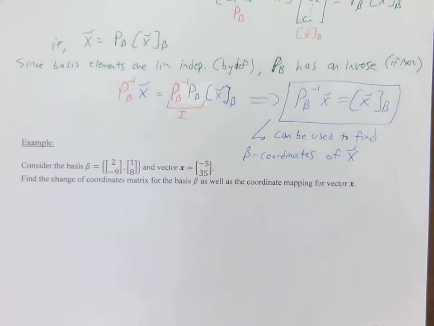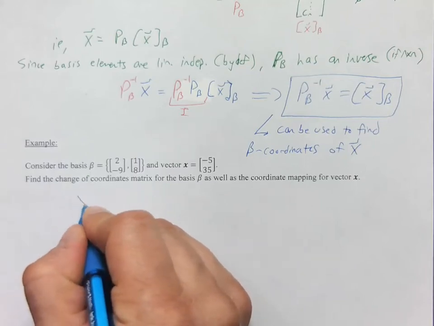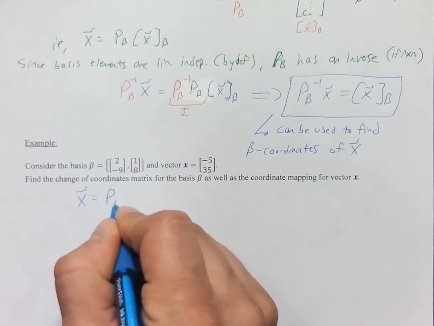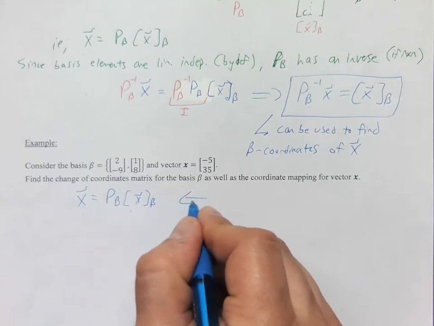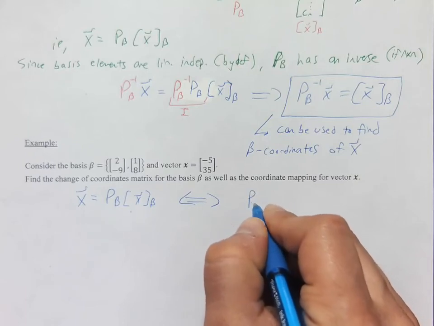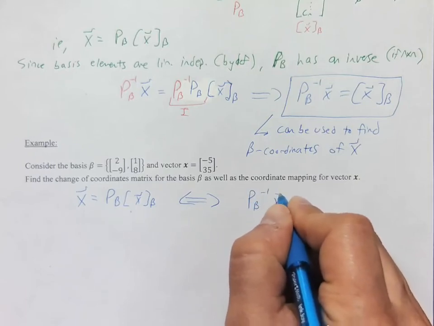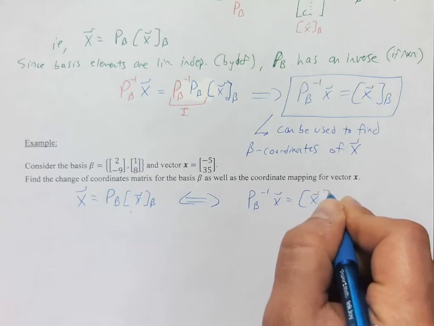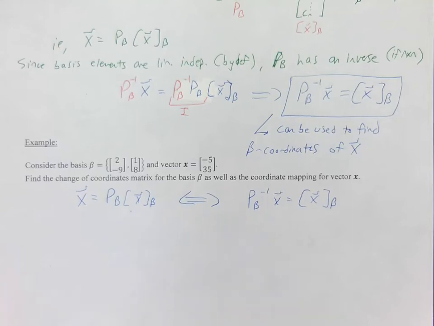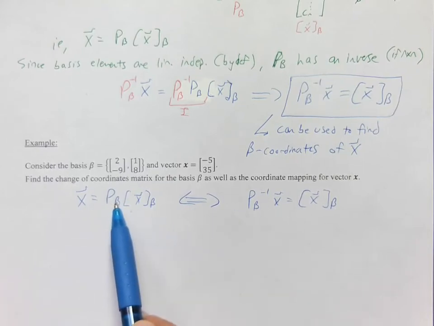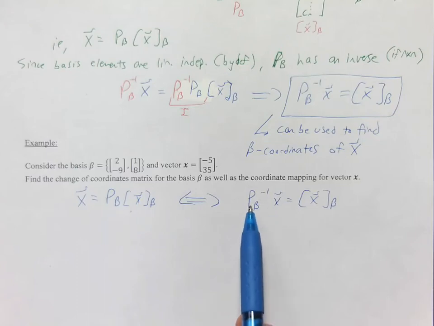So I'm going to start by writing that right at the top here. If this is true, then this must be true. This is what we just found right above. We came to this relationship by multiplying on the left by the inverse. And so let's find the change of coordinates matrix, and then we'll look at the inverse to find the actual coordinate mapping.